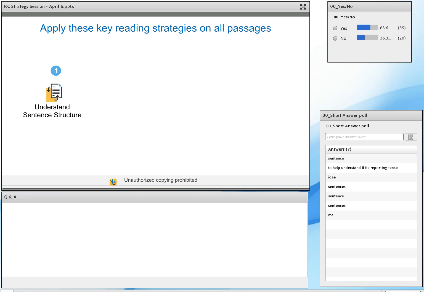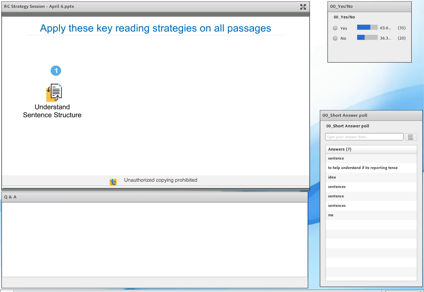On the other hand, if you break that sentence into its smaller chunks, keeping in mind that an individual idea is the smallest unit, then you are understanding the idea and not just reading the entire sentence. And that's the whole idea of incorporating the sentence structure into your reading comprehension strategy.